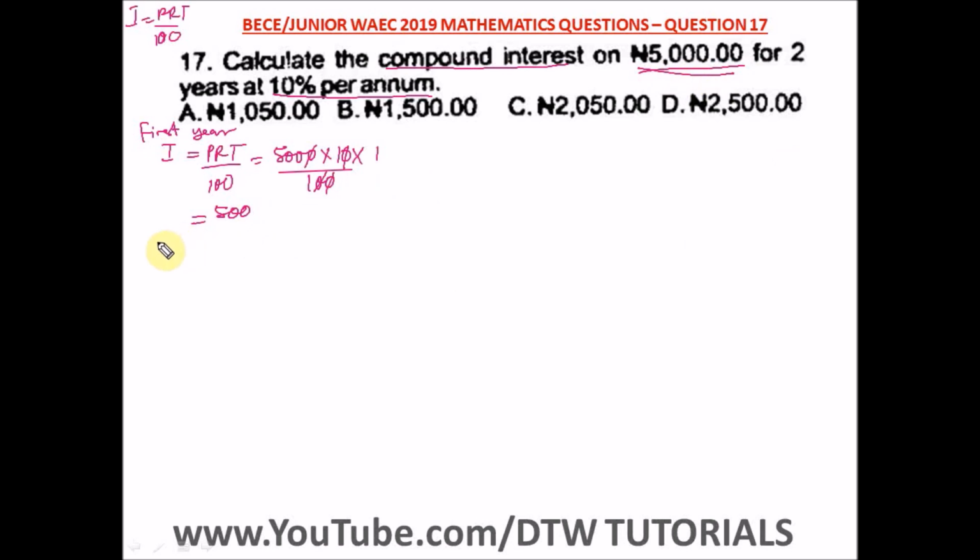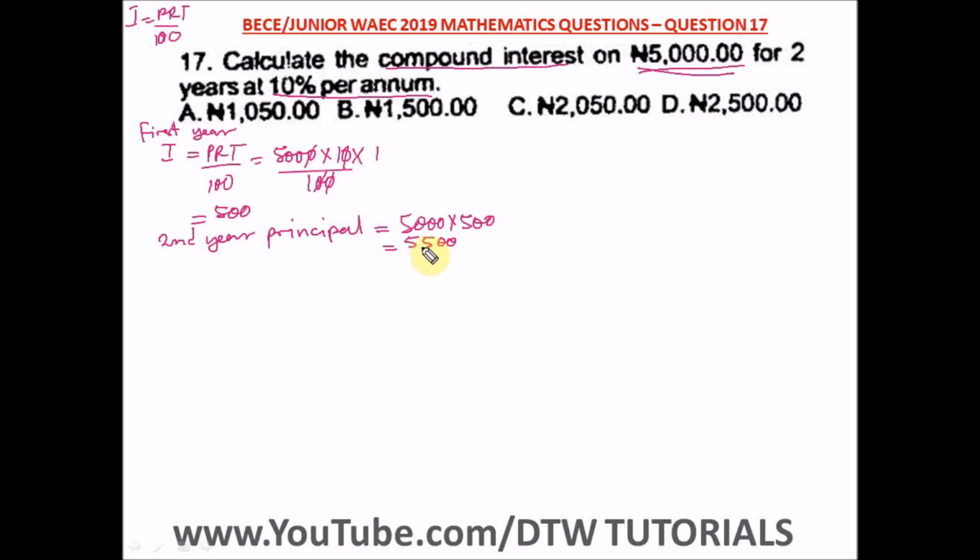So the new principal, second year principal, is equal to 5,000 plus 500, which will give us 5,500 naira.